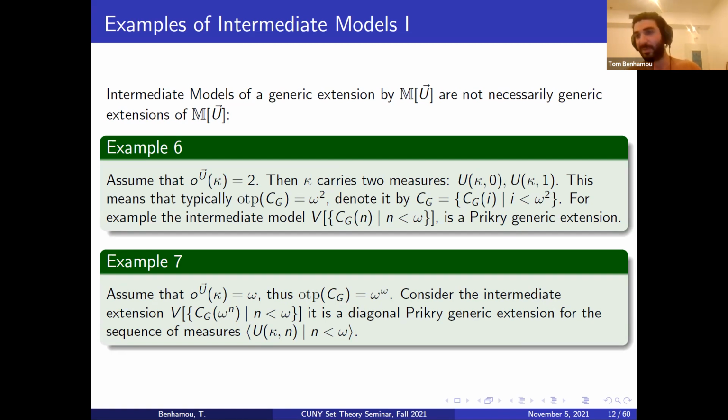So each point in this sequence comes from a different measure. So these are different n's. So this omega sequence CG omega to the n, n less than omega, is a diagonal Prikry generic extension with respect to the sequence of measures u kappa n, n less than omega. As I said, we still have the conjecture that you can maybe somehow specify certain measures and then pick one point. The conjecture should be something like a diagonal version of Megiddo forcing, where we prescribe which measure we would like to pick points from.